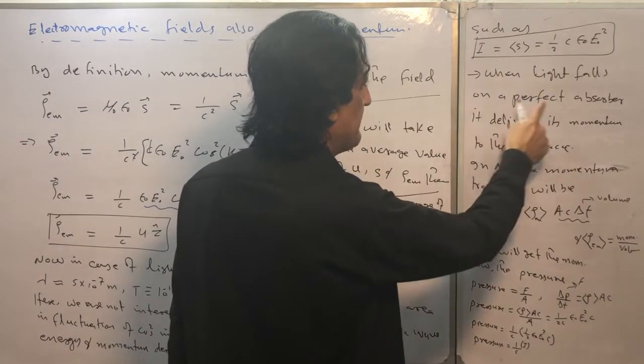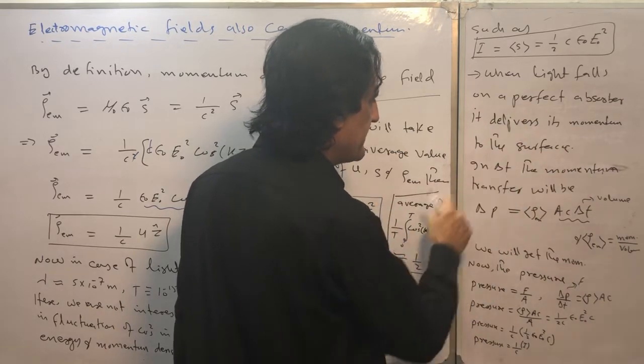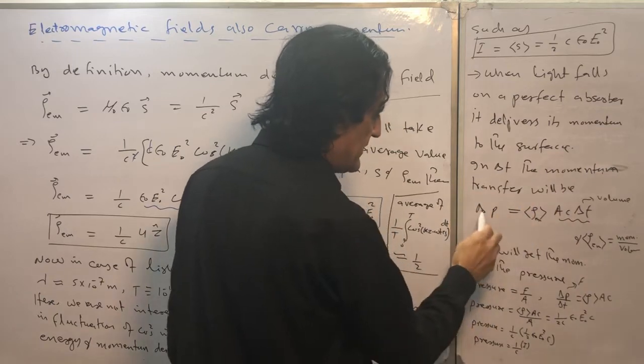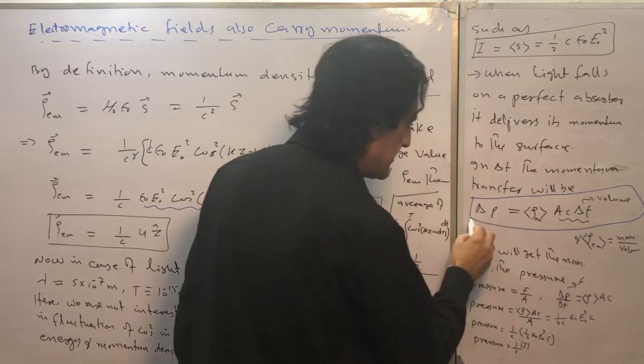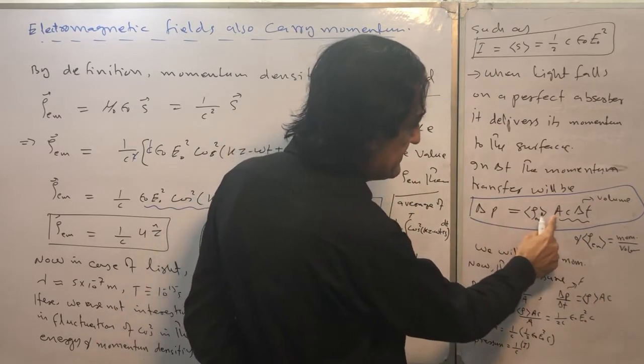When light falls on a perfect absorber, it delivers its momentum to the surface, and in time delta t the momentum transfer will be equal to this.